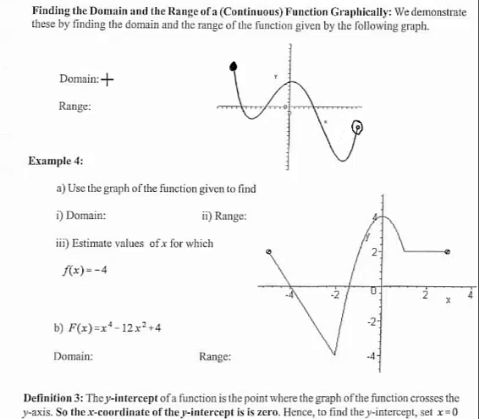Okay, domain. Domain simply refers to our x-axis, and so if you were to picture say a light up above the curve shining down on the curve, and then say you pictured one below, okay, shining up towards the graph, then you could probably say that this curve would cast a shadow on the x-axis.